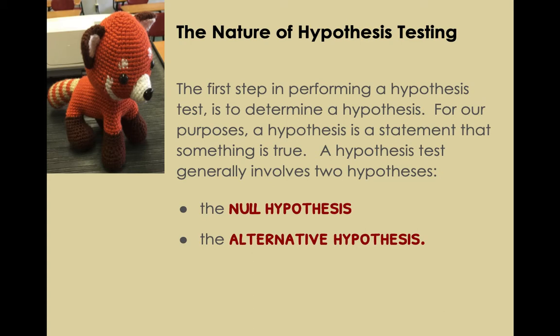Hypothesis, we worked with those in science before. Hypothesis, your educated guess. In this case, we're going to say a hypothesis is a statement that something is true. And when we do our hypothesis testing, we're going to have two of them, not just one, two. So we're going to have our null hypothesis and an alternative hypothesis.